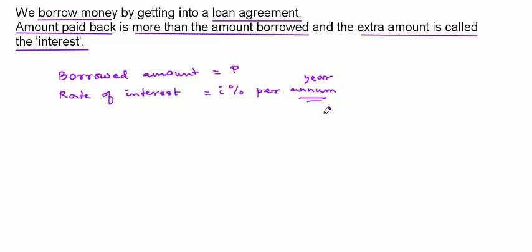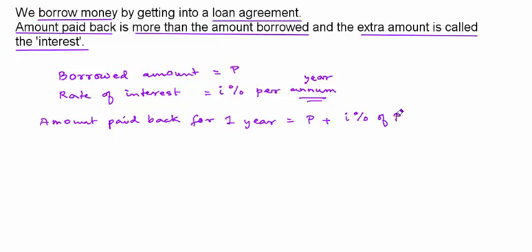So if you borrow the money for 1 year, the amount paid back if the money is borrowed for 1 year is equal to P, the amount borrowed, plus the interest, which is I% of P.